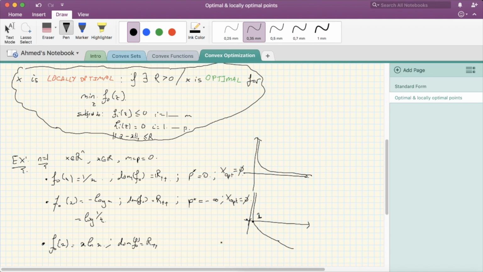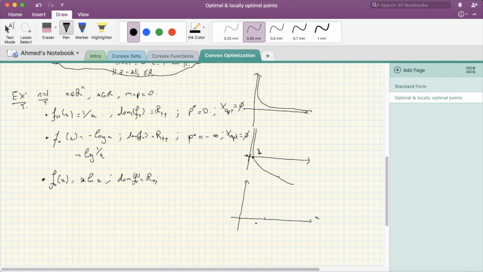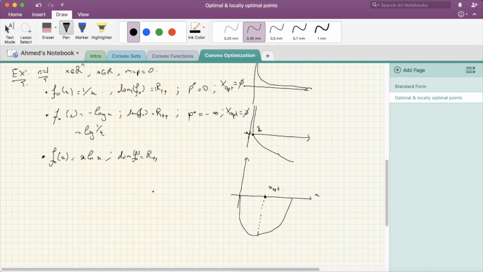So x ln x is going to look something like this. It peaks somewhere here, depending on the base of the log. In this case, it's the ln. So the negative entropy would do this. And this is clearly the optimal point that achieves p star. What is p star here? And what is x opt here?